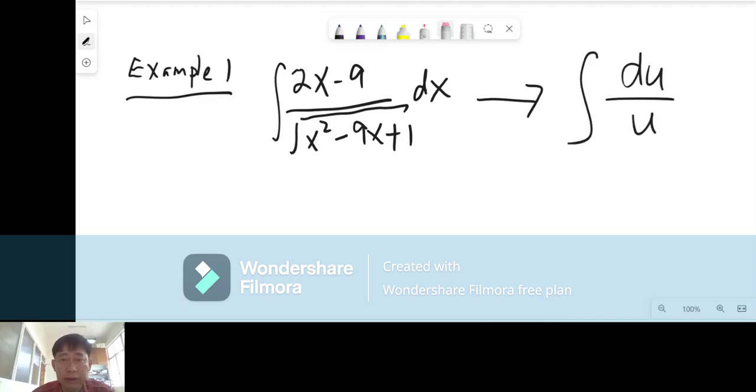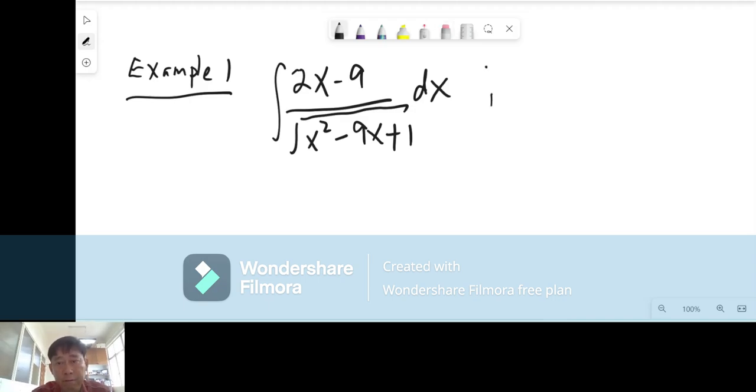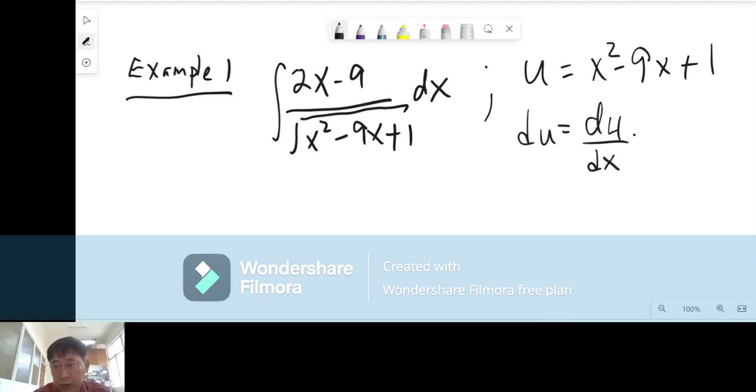Let's try out the substitution method to solve this integral problem. The obvious choice for the substitution is to use u to replace the quadratic expression. When you take the differential of u, which is by definition the product of du/dx times dx, it will give you du/dx, which could be derived from this expression, that is 2x minus 9. 2x minus 9 is just the expression of du/dx.